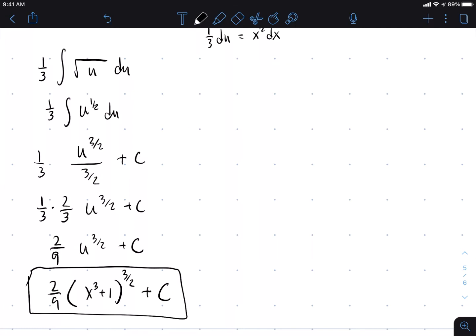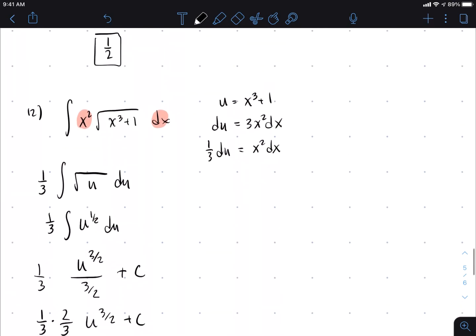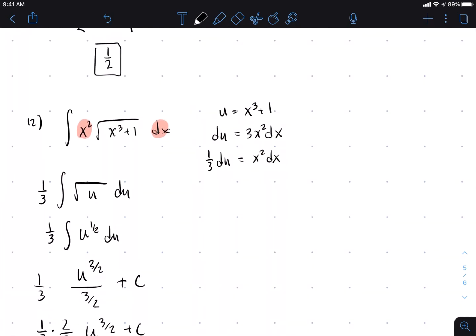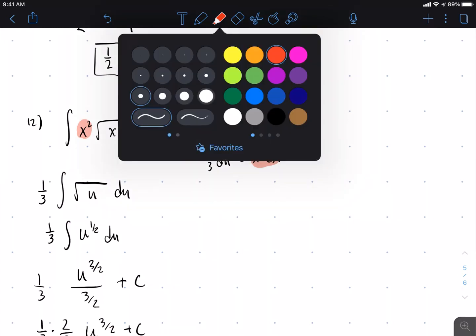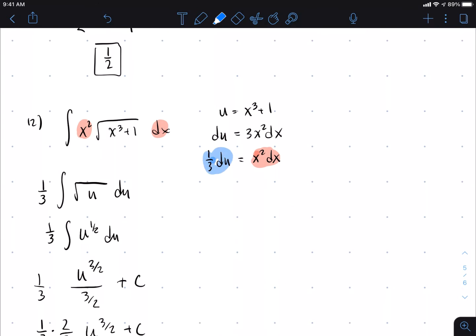Professor, can you go over how you got rid of the x squared at the top? Yes. So look at it here. This piece is equal to 1/3 du, correct? Correct. So that's equal to this piece. So 1/3 du takes care of these parts.